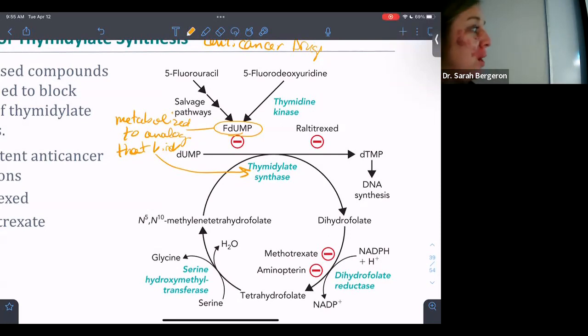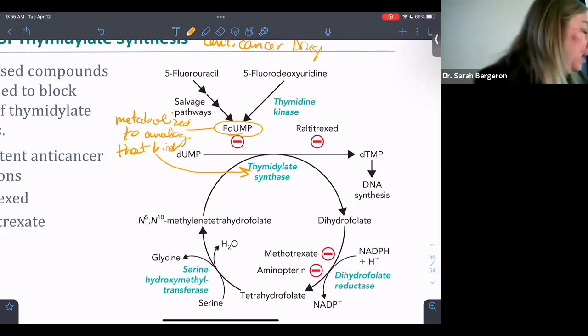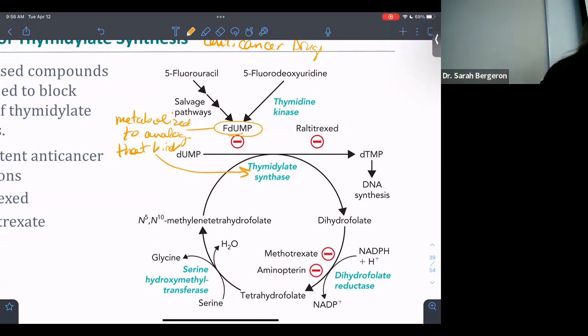If you can't pull the electrons from NADPH, are you going to make tetrahydrofolate? No. So it acts as an inhibitor. Aminopterin is a similar drug. It does a similar job, right? So these prevent the pull of the electrons. It inhibits the enzyme that facilitates the transfer of the electrons and hydrogen.